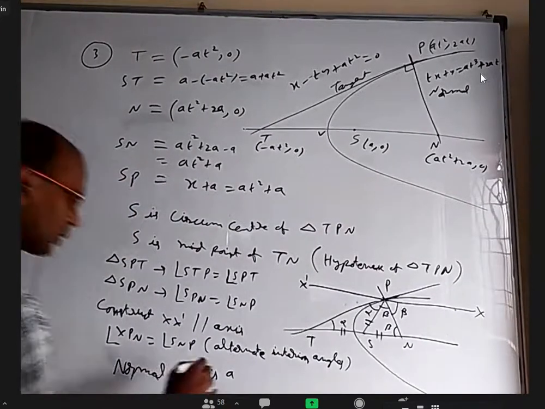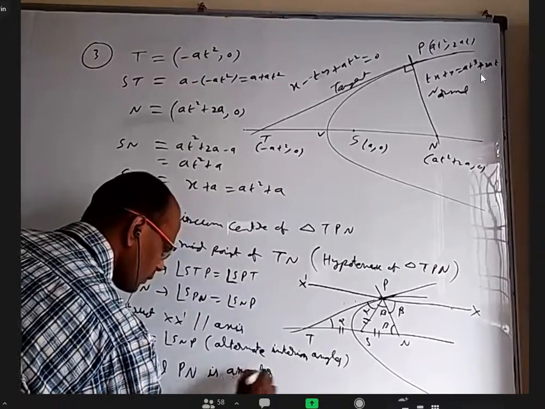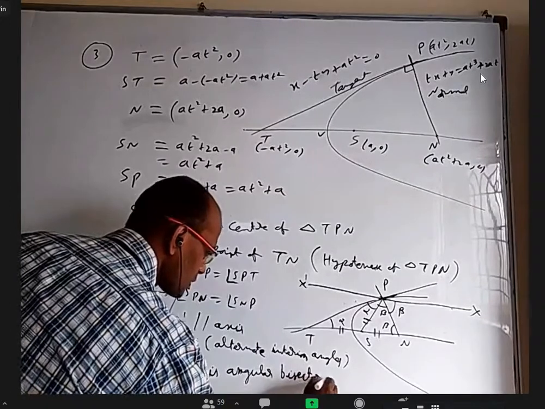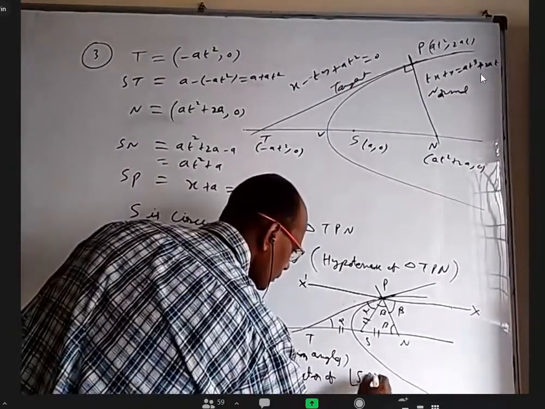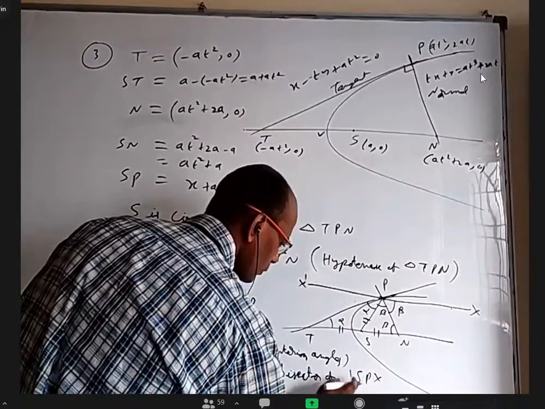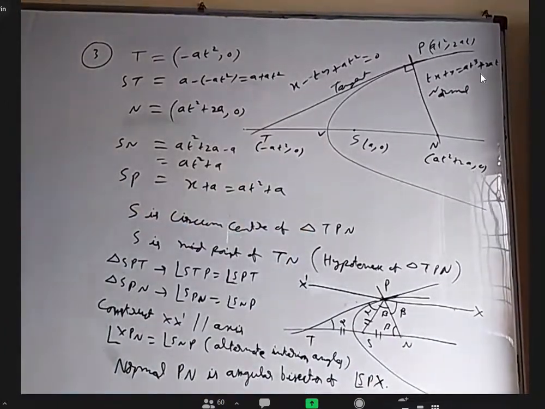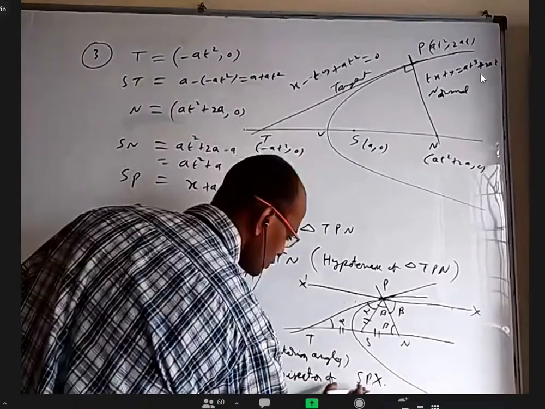Yes, is angular bisector. Normal PN is angular bisector of angle SPX.